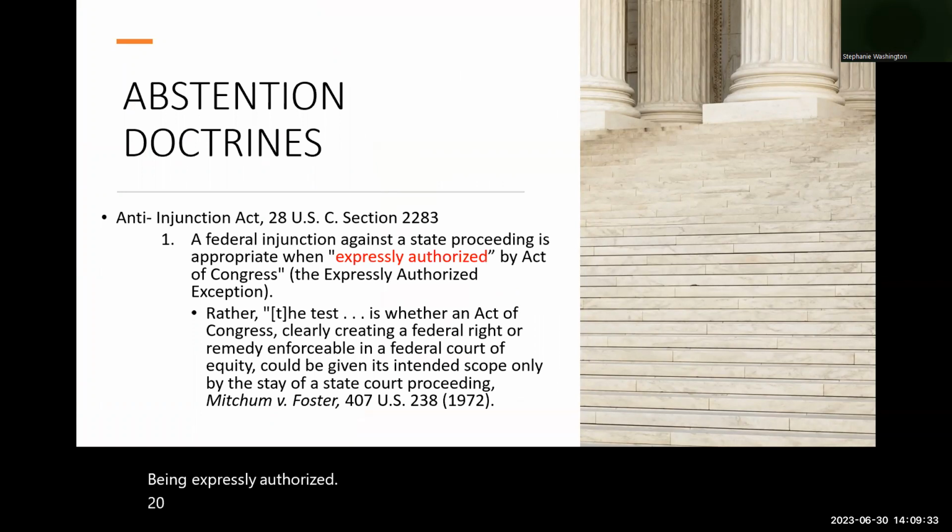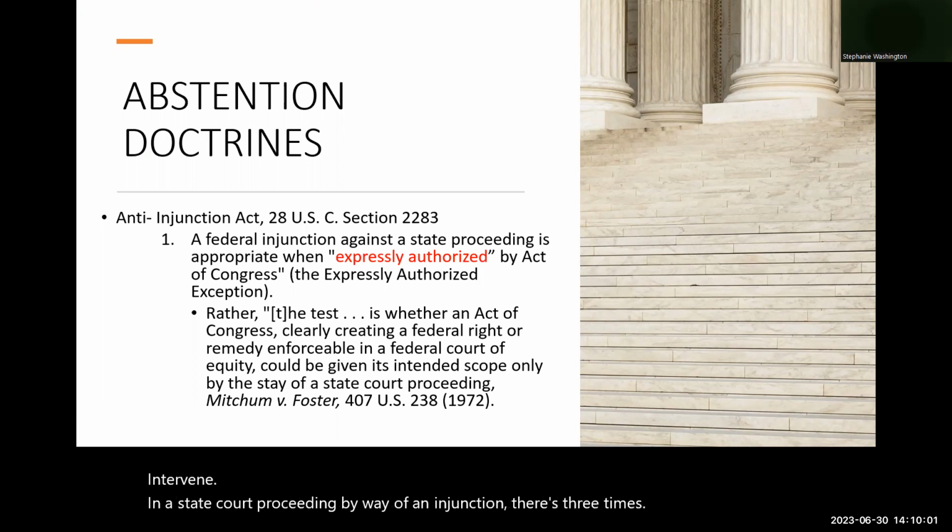28 U.S.C. Section 2283 states there's 3 occasions when a federal court is allowed, encouraged, expected to intervene in a state court proceeding by way of an injunction. There's 3 times.